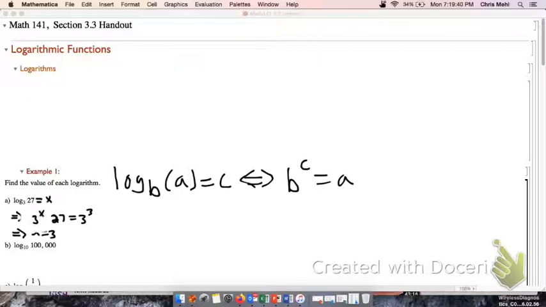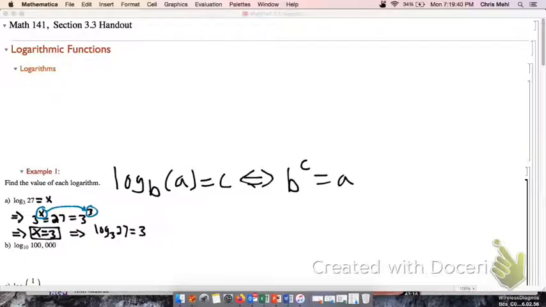So I was saying 3 to the x equaled 27, and 27 is 3 cubed. And this power has to equal this power if the bases are going to be the same. So x is equal to 3. So that implies log base 3 of 27 is equal to 3.